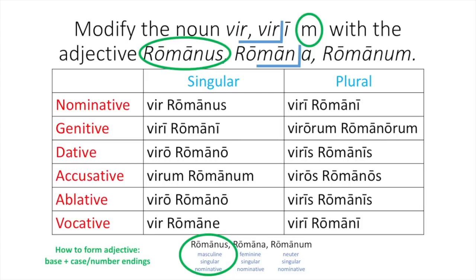Make sure you have finished copying this chart down into your notes so that you have an example of these noun and adjective forms for a first and second declension adjective modifying a masculine noun. Resume the video once you have it all complete.